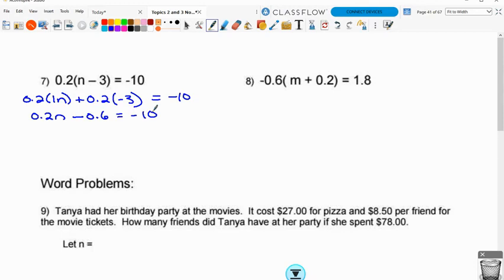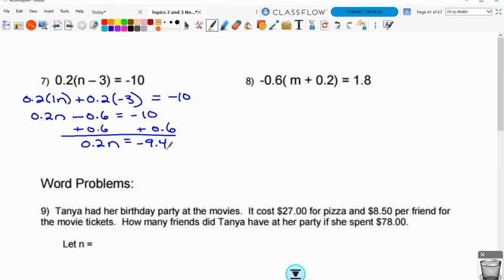There's a -6/10 on the same side, so we'll start by adding 6/10 to both sides. On the left-hand side, if you do -6/10 plus 6/10, that's 0, leaving you with 2/10 n. And on the right, if you punch in -10 plus 6/10 into your calculator, that's going to give you -9 4/10. So 2/10 n equals -9 4/10.